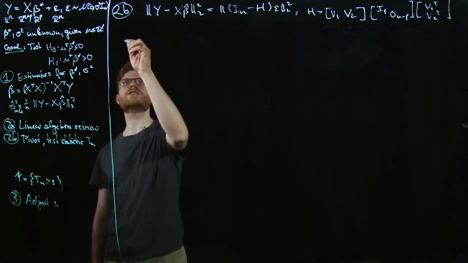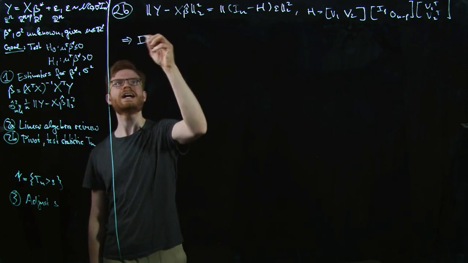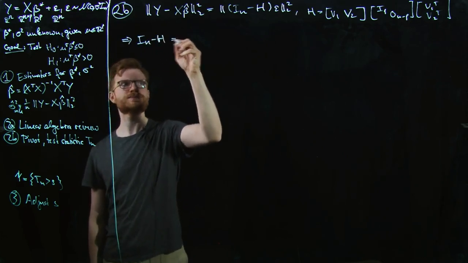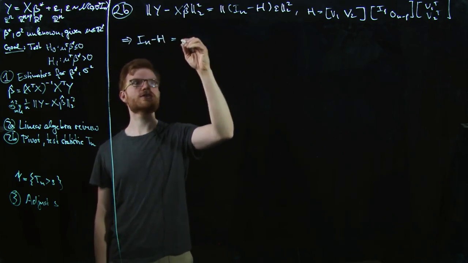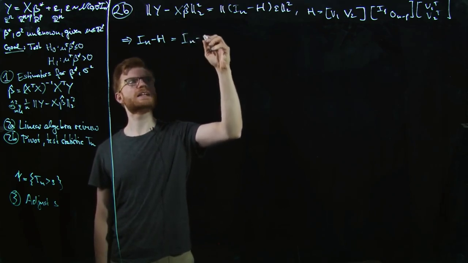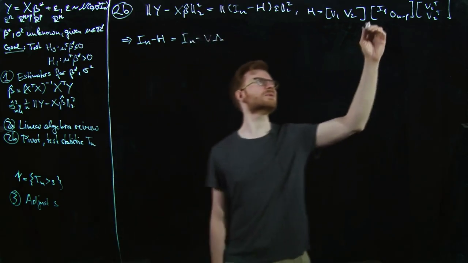So that means, in turn, that I can write identity minus H as V times (identity minus lambda) times V transpose, where this was lambda.